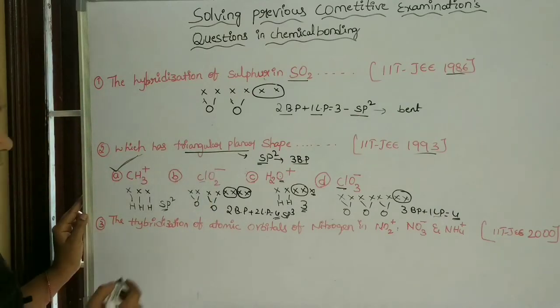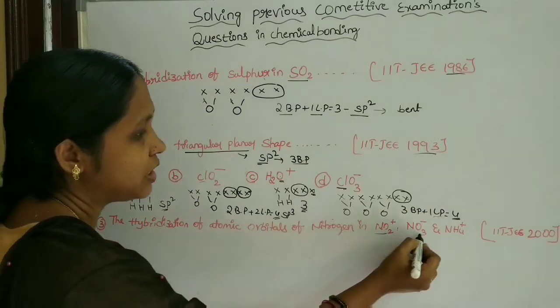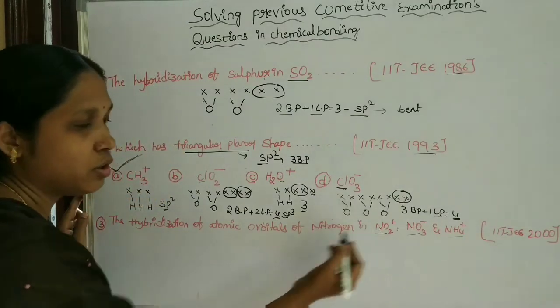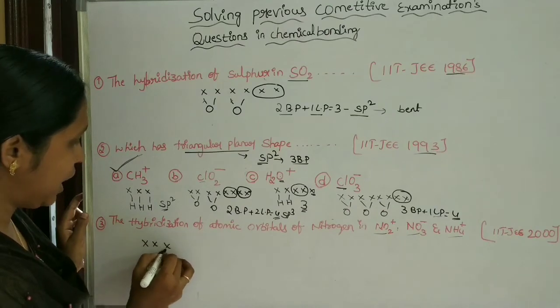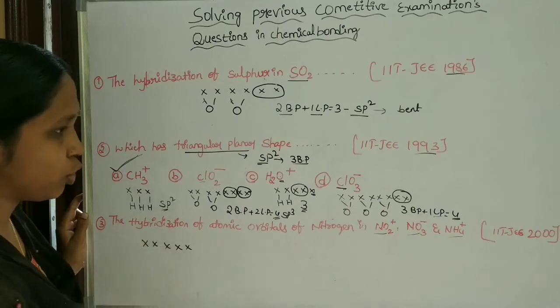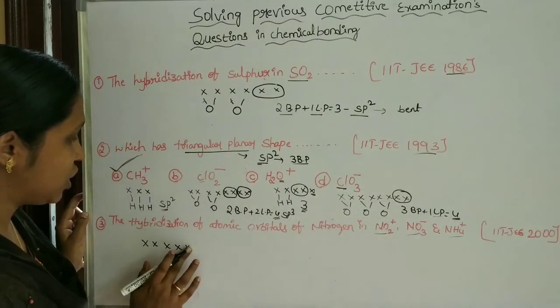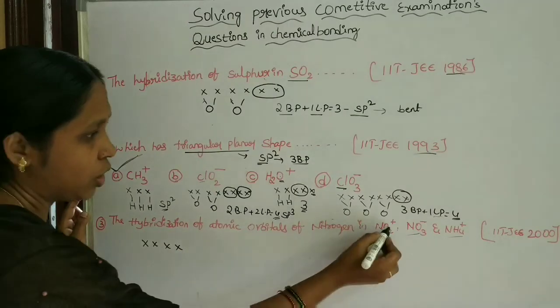And see the next one. The hybridization of atomic orbitals of nitrogen in NO2 plus, NO3 minus, NH4 plus. Nitrogen belongs to the 5th A group, so it has 5 single electrons. In NO2 plus, it carries plus charge, so remove 1 electron from the 5 valency electrons.